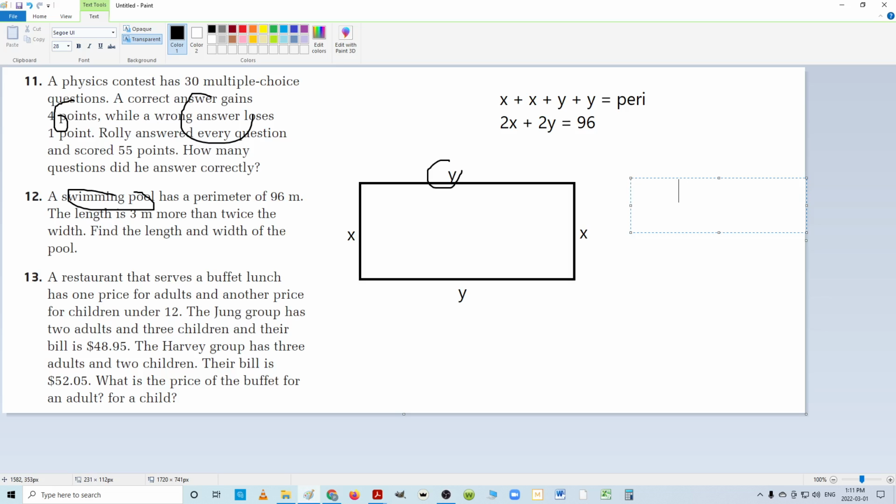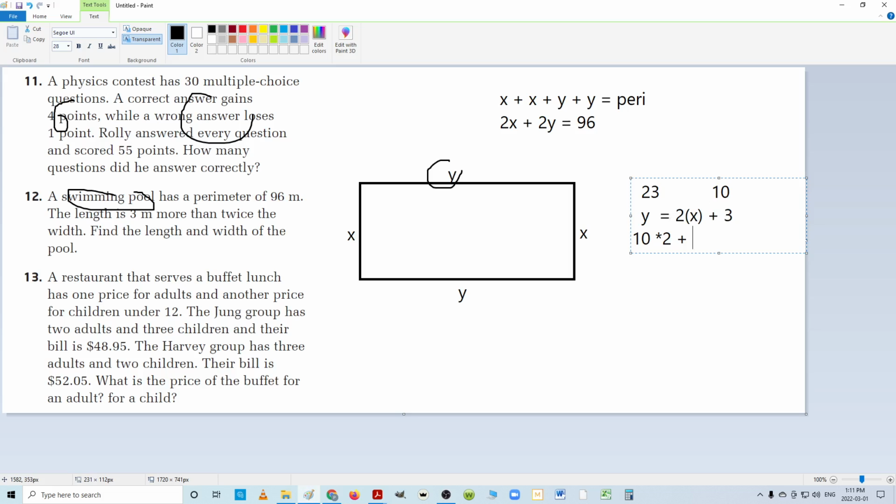Let's work in terms of numbers. If the width was 10, the length is going to be 3 more than twice 10. 2 times 10 is 20, so that means the length would be 23, which is 2 times 10 plus 3, right? So to figure out this y, I had to multiply my 10 by 2 and add 3, which means my y is equal to 2 times my x plus 3.